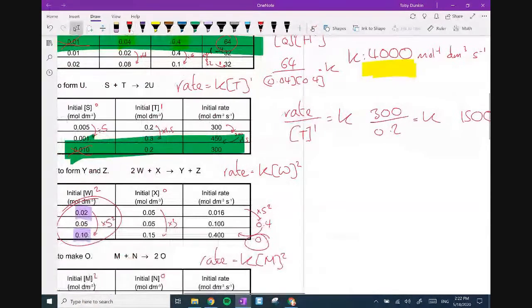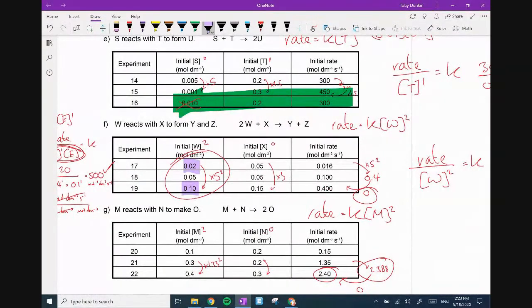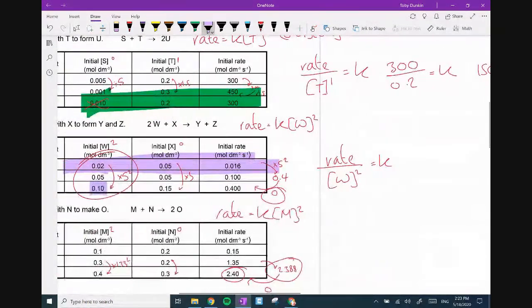Next, rate equation again. Rate reorganized over w to the power of 2 gives you k. Choose a set of data. Let's go for the top one. Input your numbers. The great thing is I can ignore x, I'm just going to stick with w.